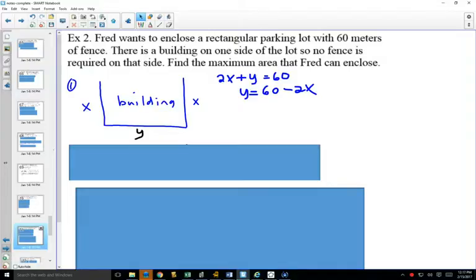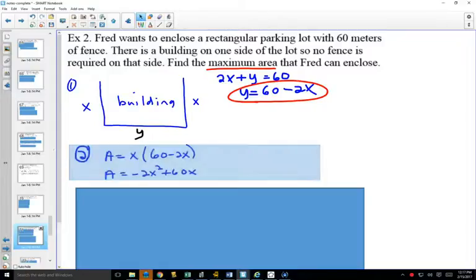But then what you're going to want to do, we want to find the maximum area. So we're going to want to write area equals. Now if we look at our diagram, can you see that area equals x times y? But we're going to want to make our equation using one variable. So instead of x times y, can you see that we've solved for y here? It's 60 minus 2x.